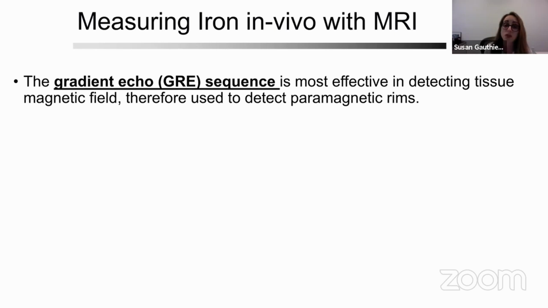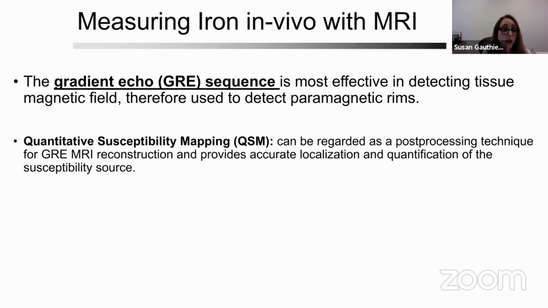Gradient echo sequence is the most effective in detecting tissue magnetic field, and therefore is used to detect paramagnetic rims. Quantitative susceptibility mapping, or QSM, can be regarded as a post-processing technique for GRE MRI reconstruction and provides accurate localization and quantification of the susceptibility source.